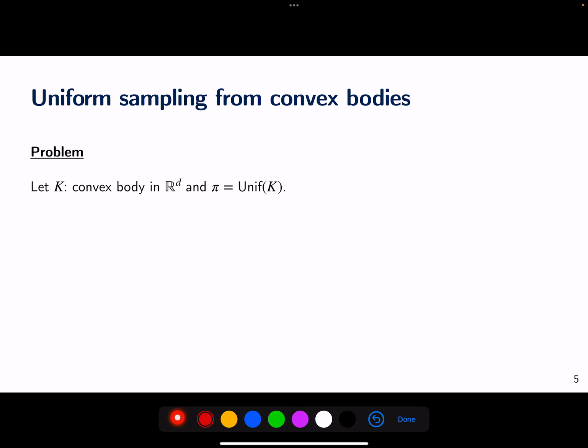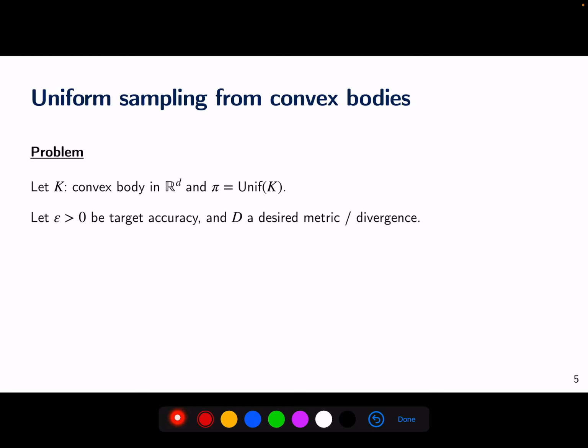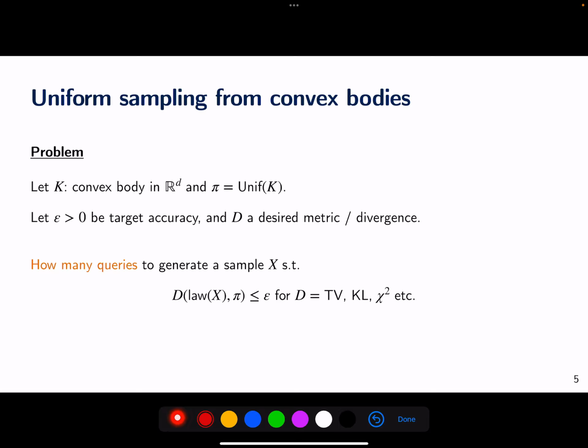In this setup, let me make it more precise. K is a convex body, phi is the uniform distribution over K, epsilon is the target accuracy, and D is a desired metric or divergence. Given this setup, my question is: how many queries does your algorithm need to generate a sample X such that the law of the output X is epsilon-close to your target phi in your chosen metric D, which can be TV, KL, chi-square, whatever you want.